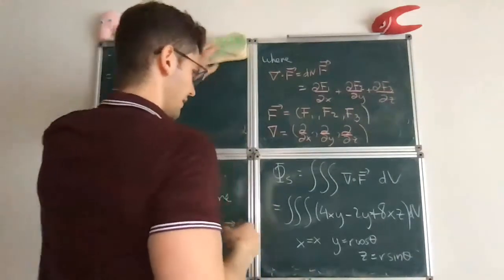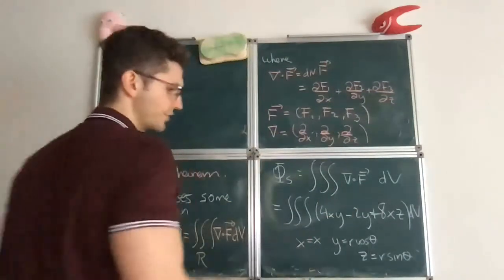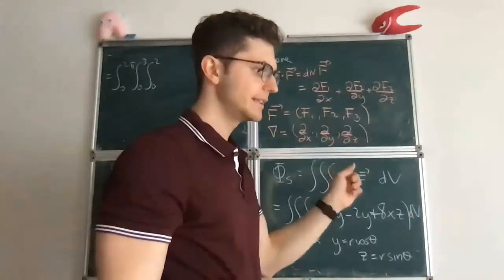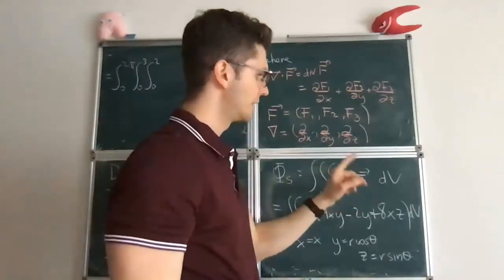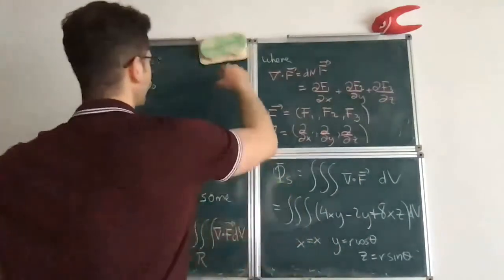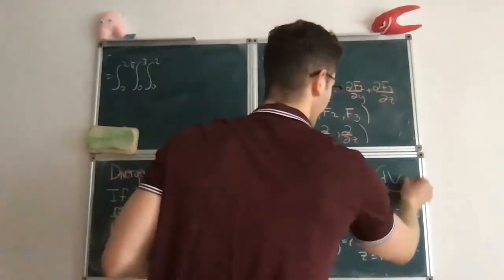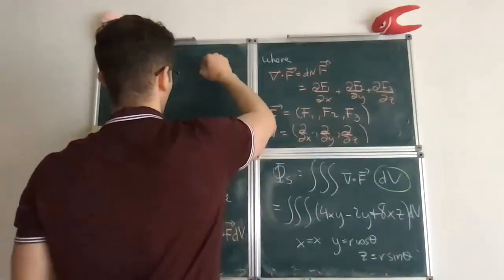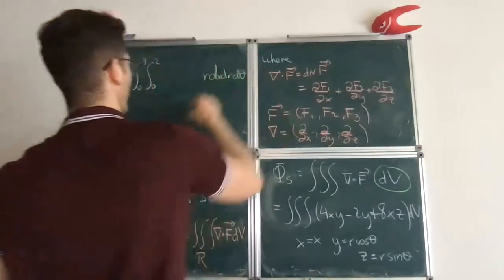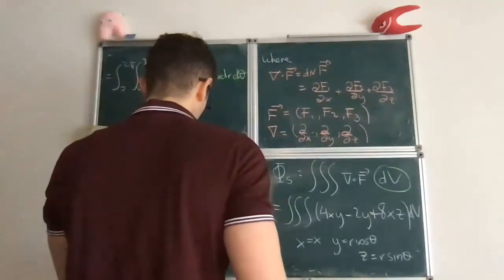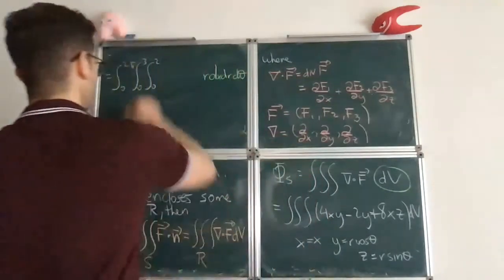And remember that in cylindrical coordinates the differential of volume is r dz dr d theta, but now x is playing the role of z, so the differential of volume now is r dx dr d theta.